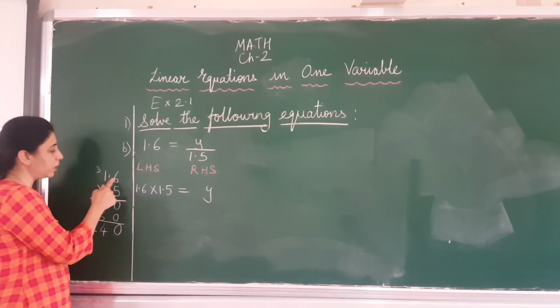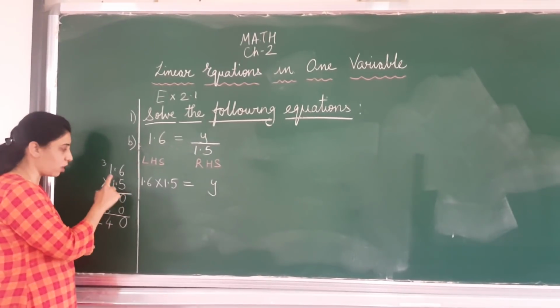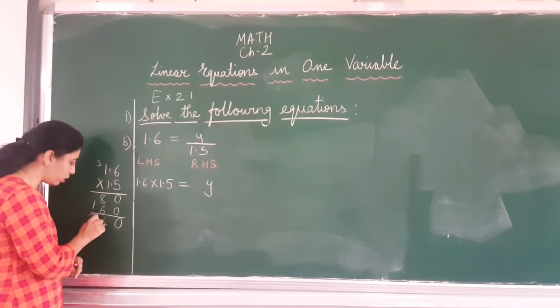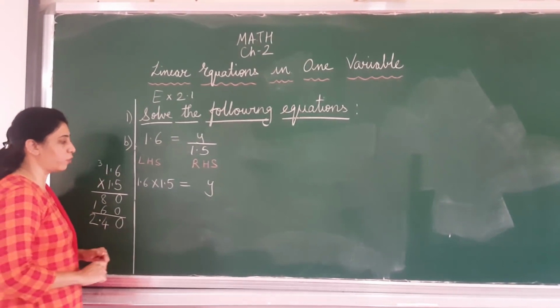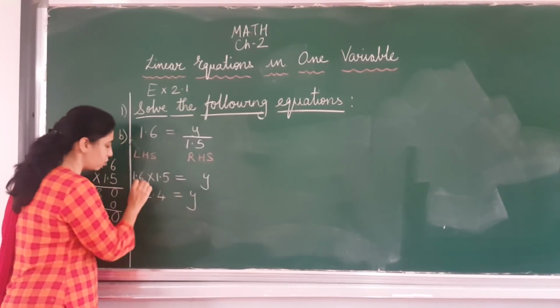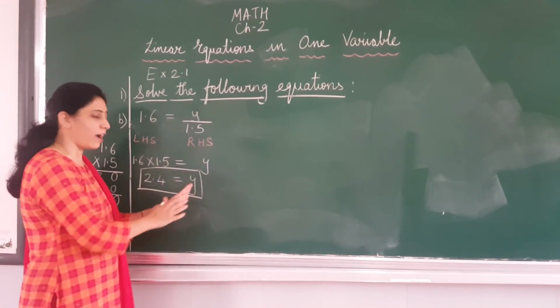Now, after the decimal, one digit is there here, and here also one digit is there. So after the decimal, how many digits are there? 1, 2. So here it is 2.4. Now your answer is 2.4 is equal to y. So you have got the value of y.